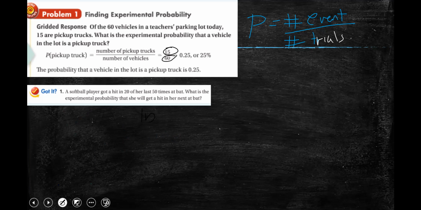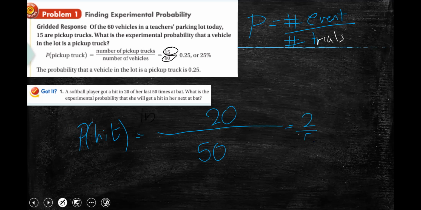How many trials do we have? We have 50. How many times will the event of getting a hit occur? 20. So I will say they are 2 over 5, or 0.4. Look, it is less than 1, so it's correct.